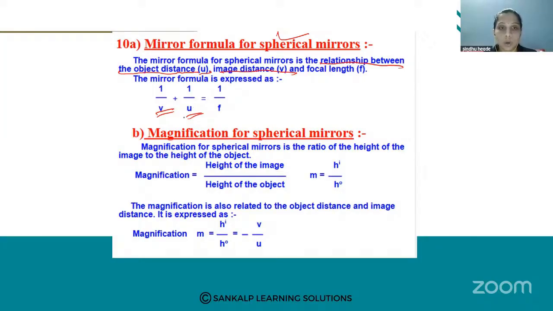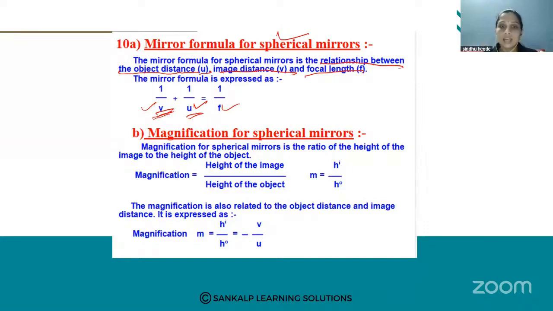First one is object distance u, and second one is image distance v. So this mirror formula gives the relation between object distance and image distance. And again, the focal length. We know that focal length is denoted by the letter small f, right?